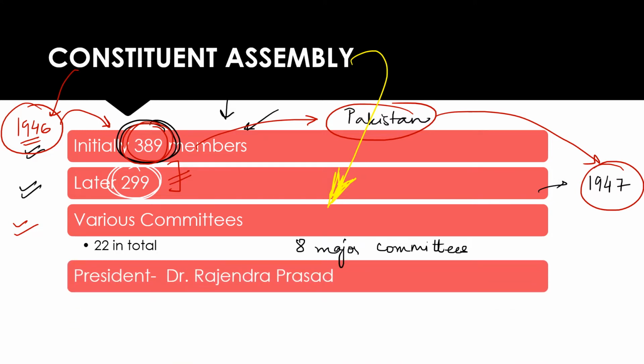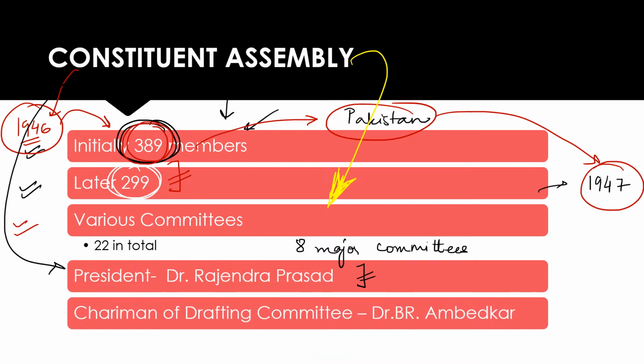Amongst all of them, the president of the Constituent Assembly was Dr. Rajendra Prasad. So he was the president of the entire Constituent Assembly. Now, amongst these 8 major committees, perhaps the most important committee was the drafting committee, okay, which is responsible for the drafting of the constitution.